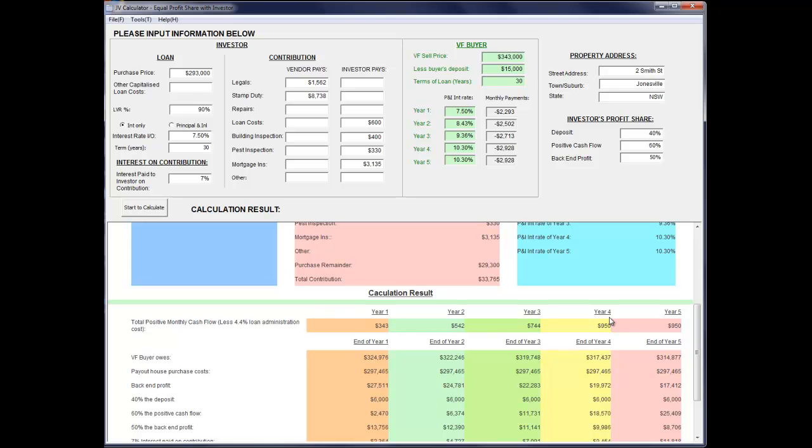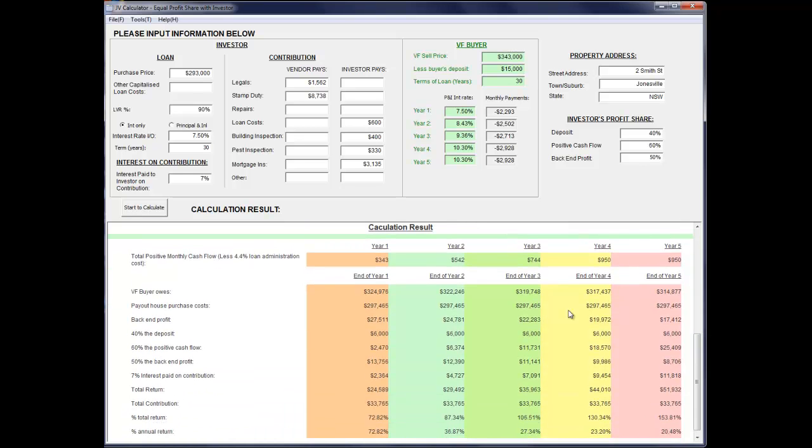Coming down to further results, we can see the total positive monthly cash flow, less 4.4% loan administration costs, in case you hand the transaction over to a loan or vendor finance specialist loan administration company. I'll give the Vendor Finance Management Proprietary Limited a plug at this point.